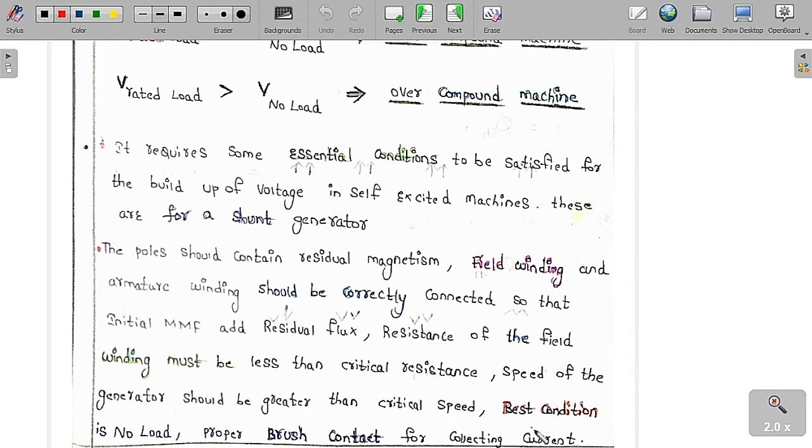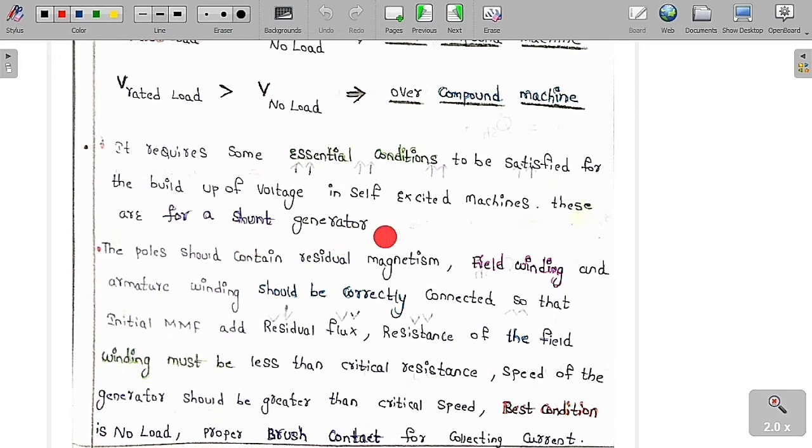The field winding resistance should be lesser than the critical resistance, and the speed of the generator should be greater than the critical speed. The best condition is the no load condition, with proper brush contact for collecting the current. These are the conditions that should be maintained. Only then is a voltage going to build up in the self-excited machines.